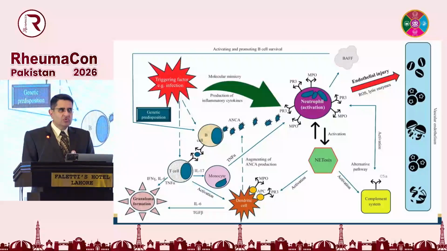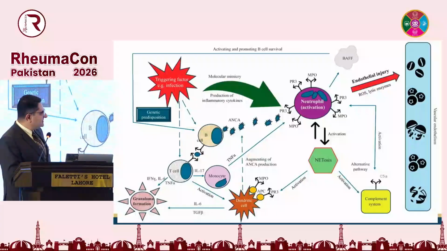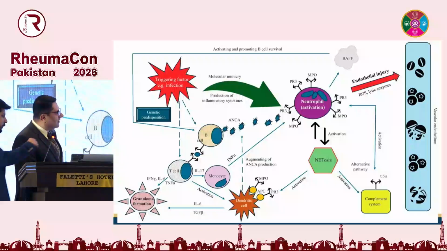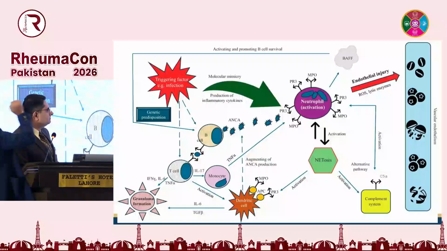I would like you to concentrate on this picture. It is an interesting picture; don't be afraid that it is difficult. Just concentrate that we have T cells and B cells, which combine to activate B cells, which later make ANCA antibodies.